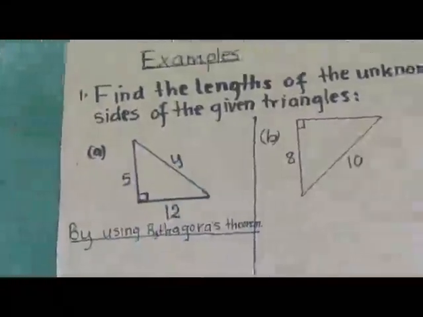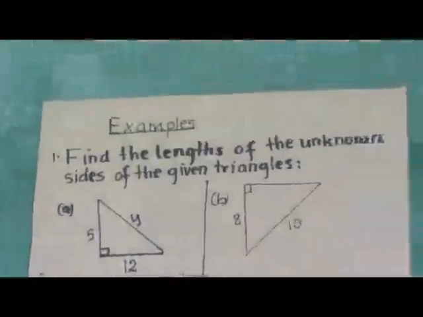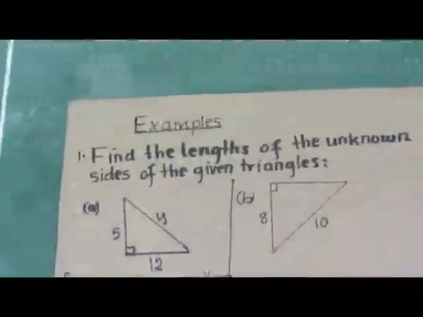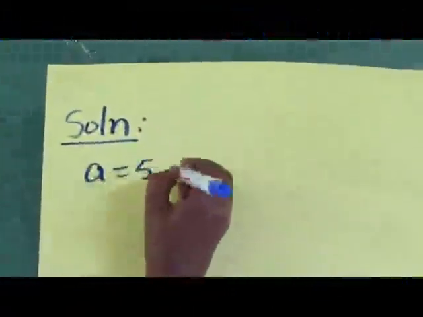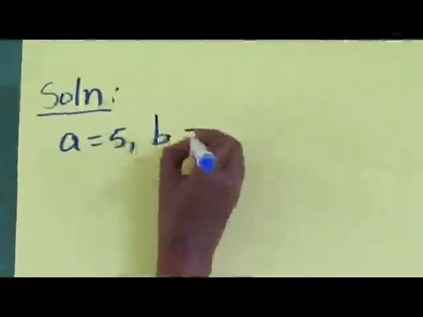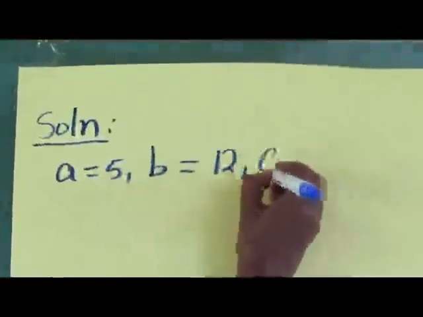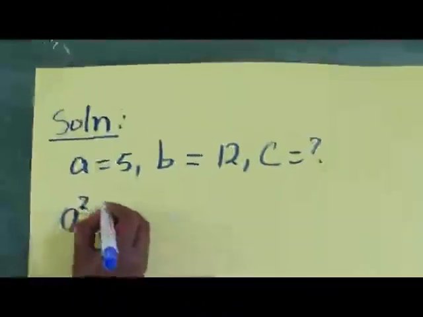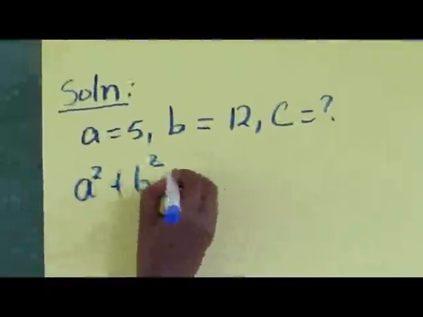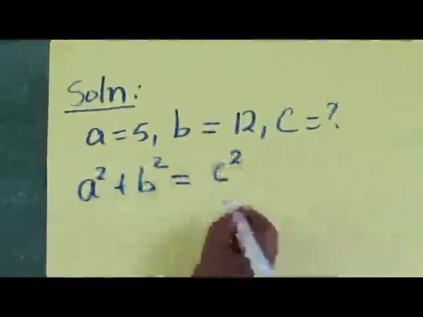According to the Pythagoras theorem, a squared plus b squared is equal to c squared. So our a here is equal to 5, b is equal to 12. Find c. By using the Pythagoras theorem, a squared plus b squared is equal to c squared.